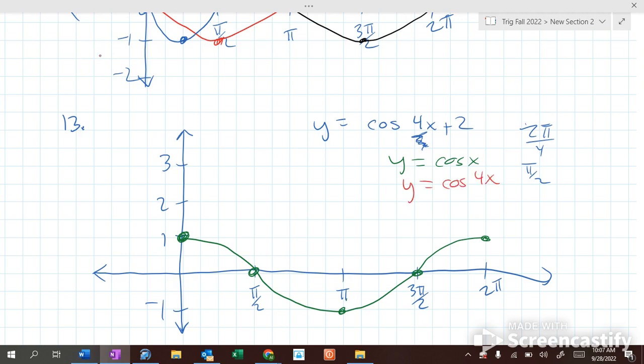So it's 4 times skinnier. So instead of going over 4, I go over 1. Instead of going over 8, I go over 2. It's going to look like that. And then we're going to add 2 to it. So if I add 2 to it, I'm there, there, there, there, and there. Okay?